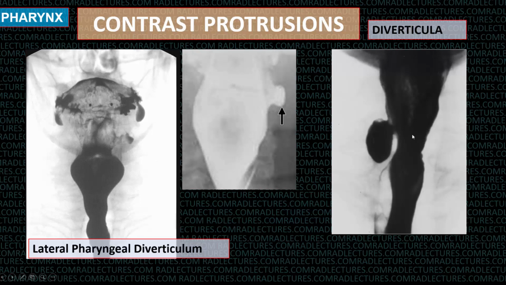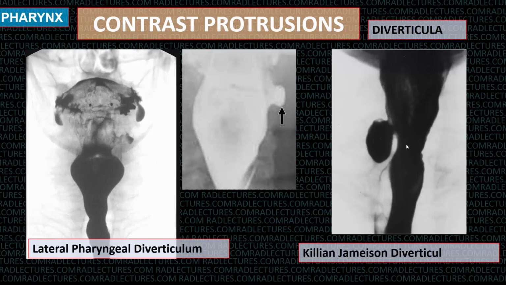Now, a diverticulum that is arising from the lateral aspect again, but arising low down, close to the pharyngoesophageal junction, is called a Killian-Jamieson diverticulum. What is the relationship of Killian-Jamieson diverticulum to the cricopharyngeus muscle? It arises below the level of the cricopharyngeus muscle, actually from the upper esophagus.